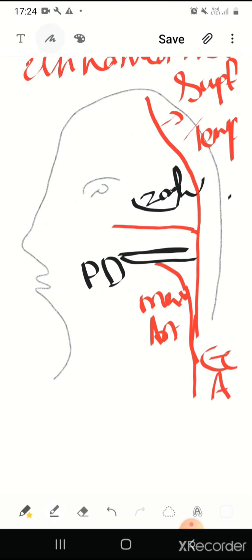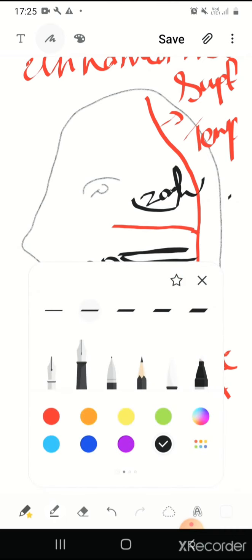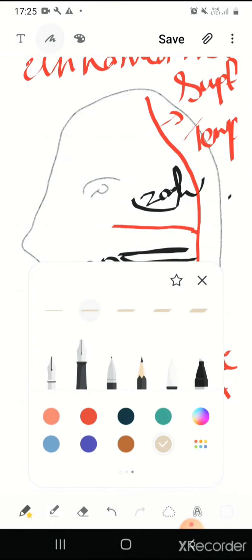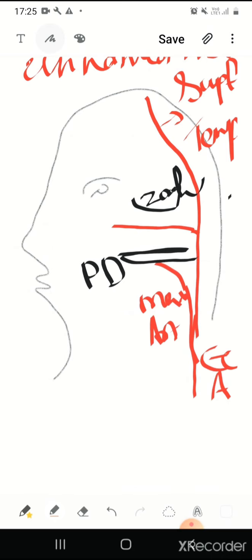The zygomatic arch is a part of the zygomatic bone, and the parotid duct, Stensen's duct, is the duct of the parotid gland emerging from the anterior border of the parotid. So it lies in between these two, and it will also be passing superficial to a muscle. Now, which is that muscle?